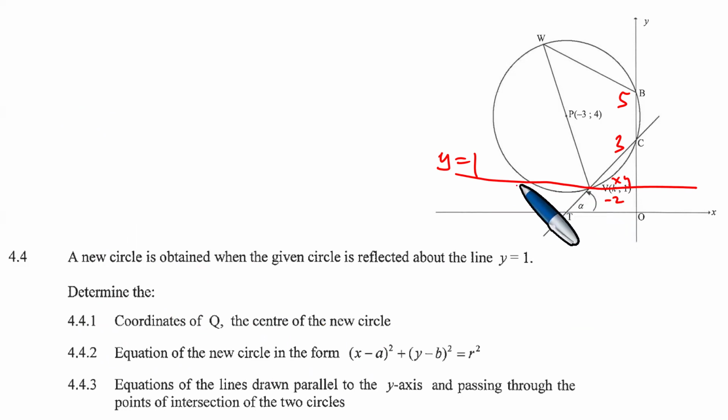You reflect this circle about the line y equals 1. What are the coordinates of Q, the center of the new circle? If you reflect about this line here, the image is going to be somewhere here. This is here, but the mirror image is going to be somewhere here, and it's going to be Q. What are the coordinates of this? That is the question we are asking ourselves. Let's work it out.